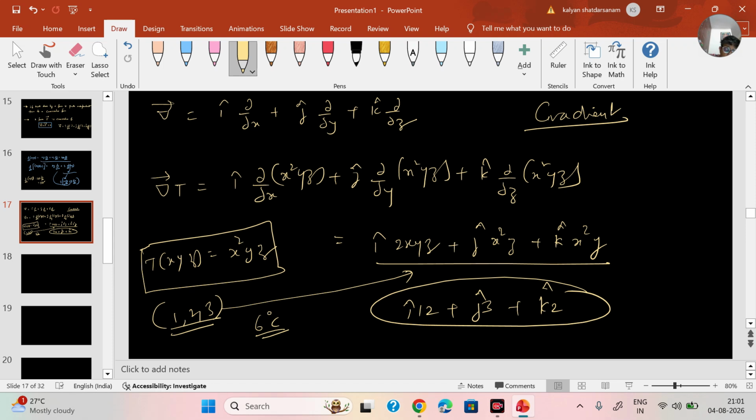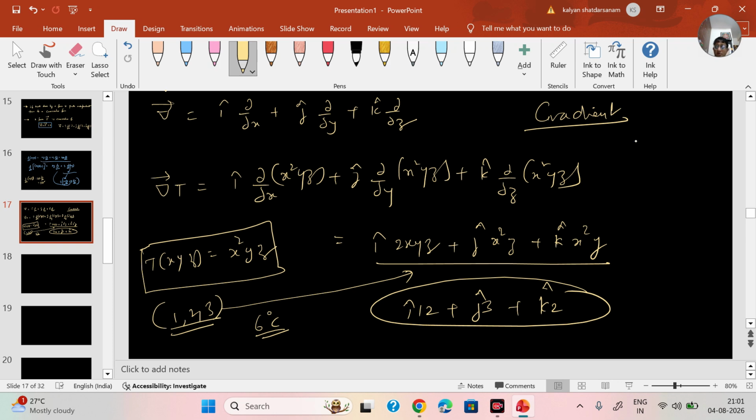For example, you can apply del on another scalar, like energy. Del of energy gives you that vector. If you move in that direction, the change in energy will be maximum. This is one way in which you can apply del. Del can be applied on a scalar. It's called the gradient of temperature.